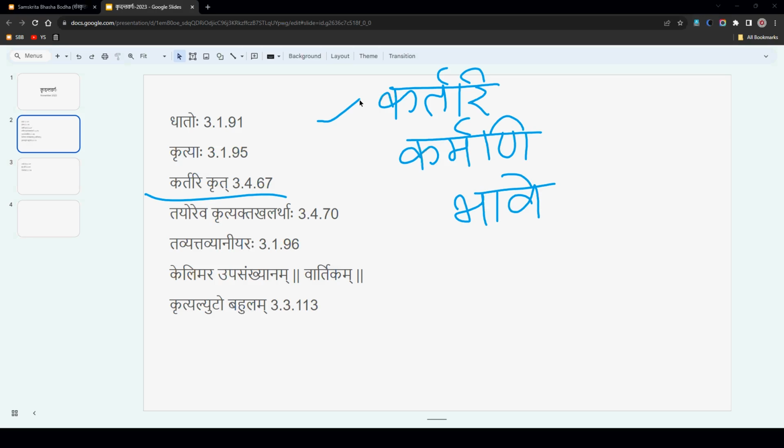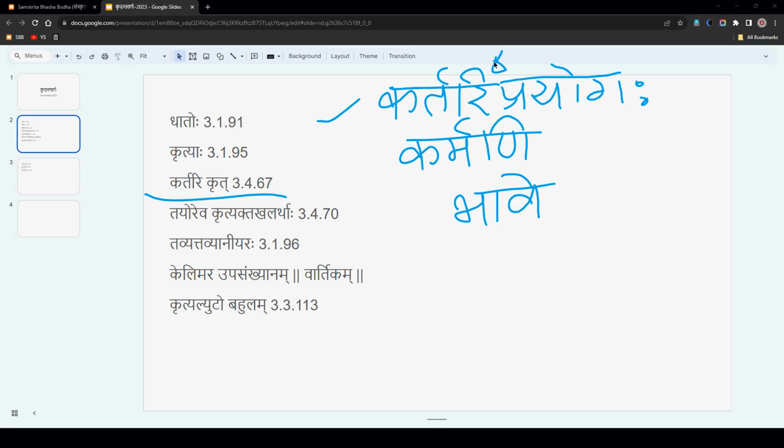Note that these are all in the Saptami Vibhakti. Though it is a single word, Samastapadam, even then this Saptami Vibhakti is not lost here. So 3 types of Prayogas are there.